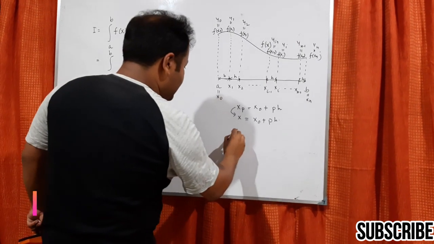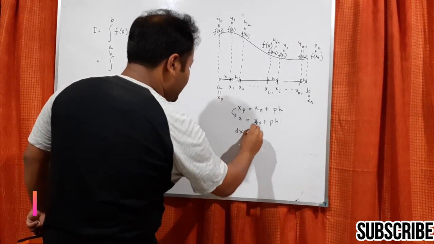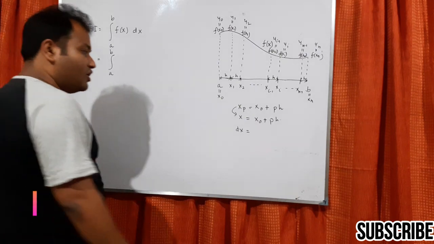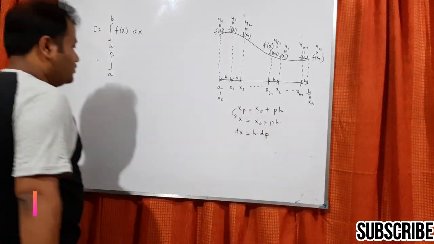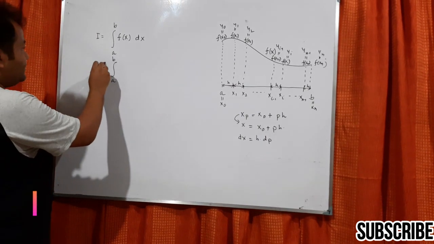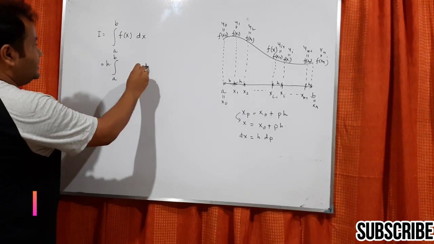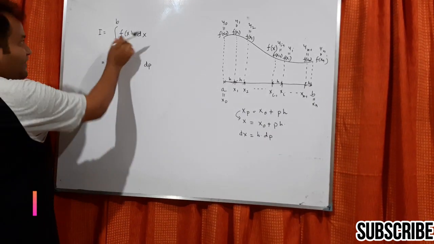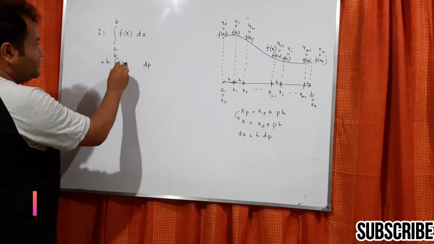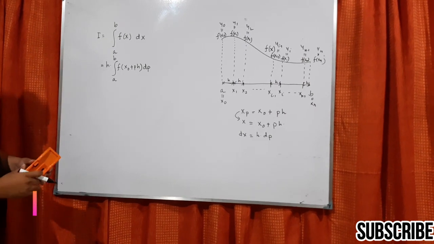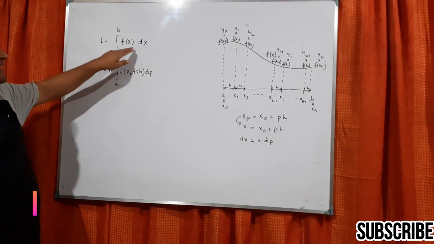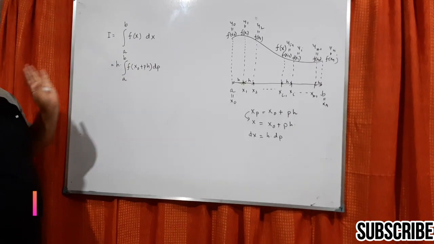So what will be dx? dx will be d of x naught, which is 0, so it will be h times dp. So dx will be h times dp, and f(x) means f of x naught plus ph. So what we are doing basically is replacing this x by some other quantity.